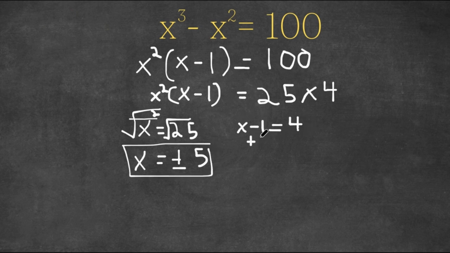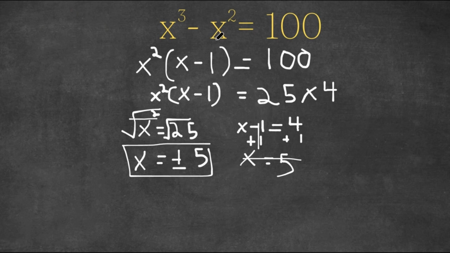Well, we would add 1 on both sides, and if we do that, we get x equals 4 plus 1 is 5. However, as you can see, 5 is already one of our solutions. So this is just unnecessary. We already have this as a solution. So we have x equals 5 and negative 5.